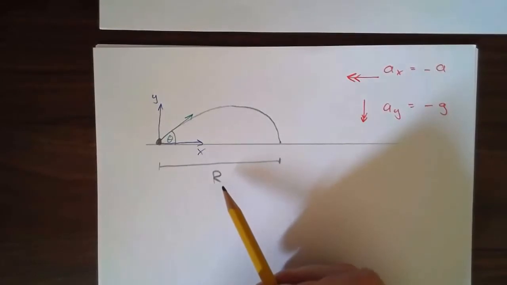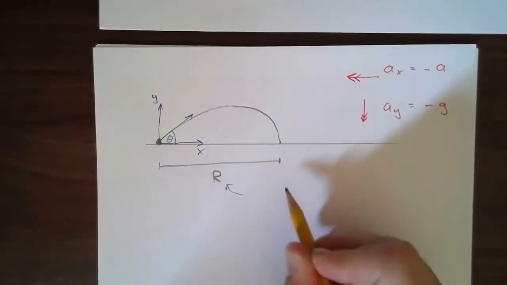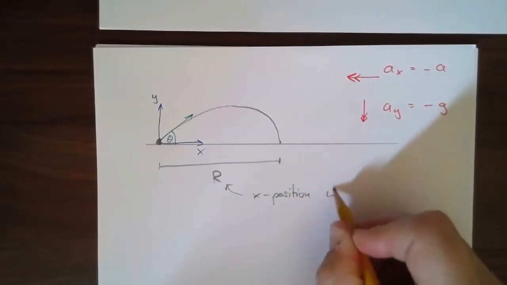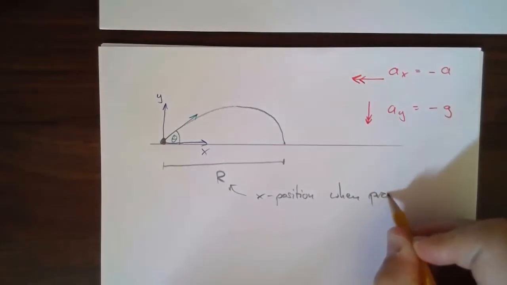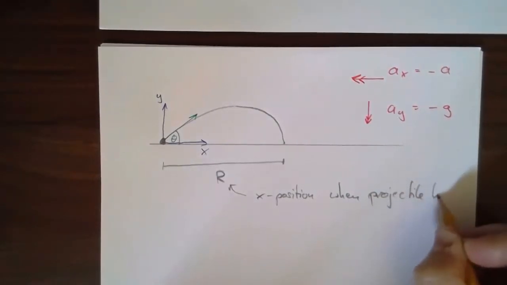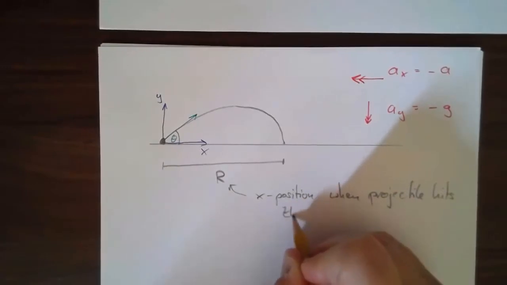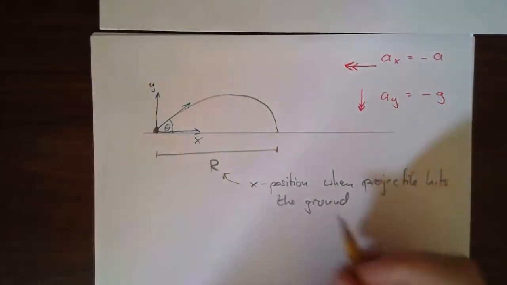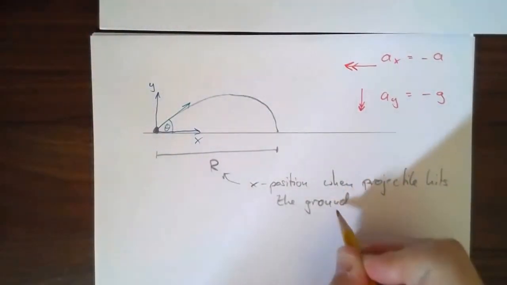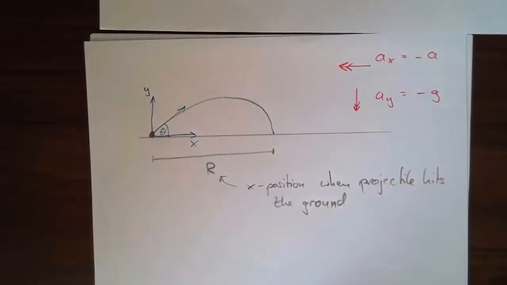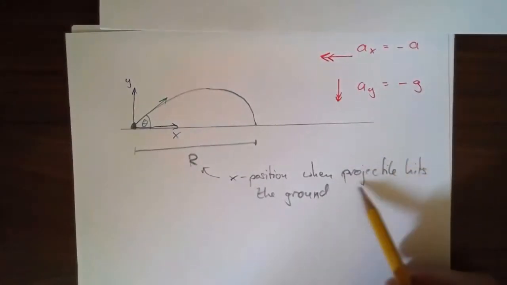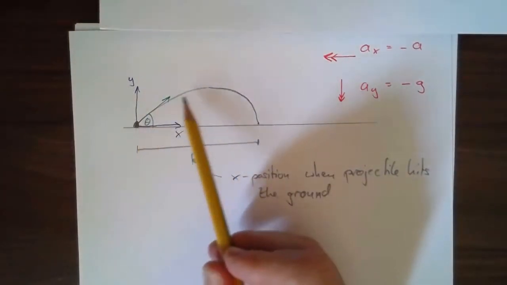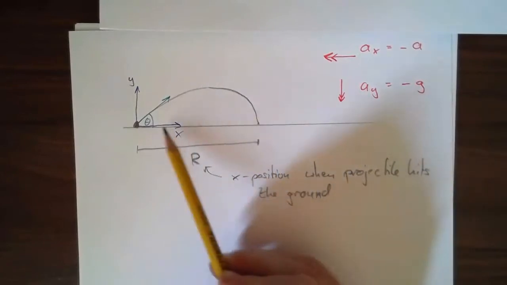How can we express this mathematically? Our range is just the x position when the projectile hits the ground. I'm already thinking, how can I translate find the range into math? And we know from previous problems that when it hits the ground, it's again at y equals 0, right?